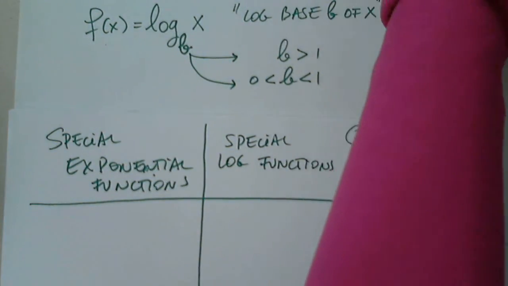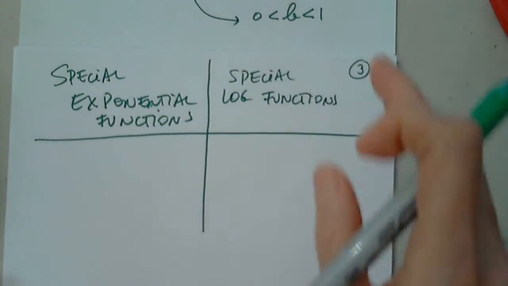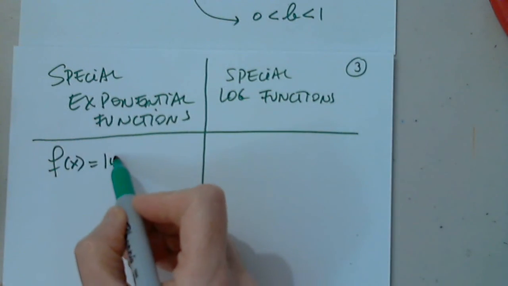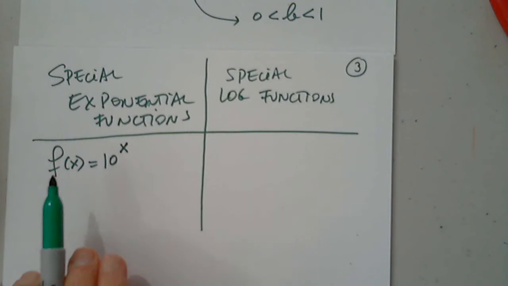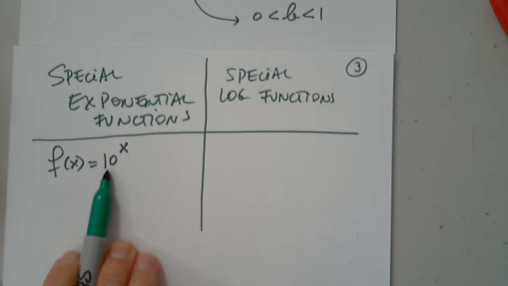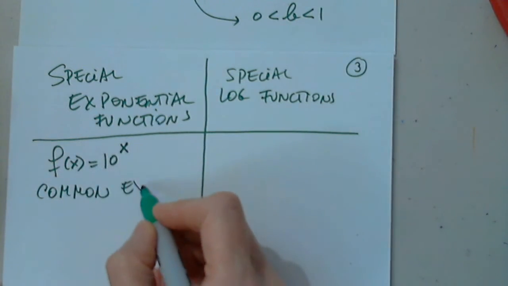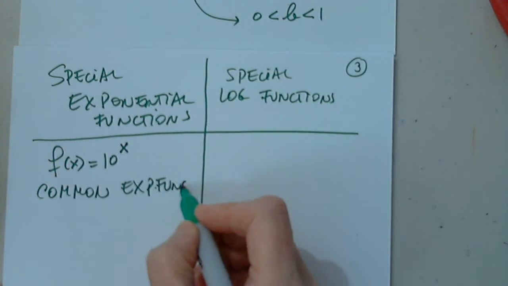We have two, and I'm going to show them where they are in the calculator in a second. So as we know, f of x equals 10 to the x. It's an exponential function with base 10. It's called common exponential function.